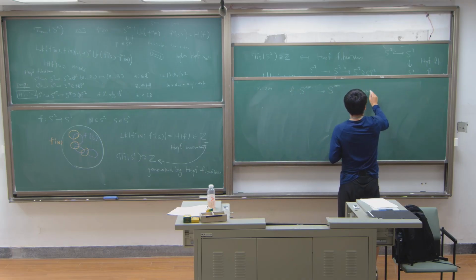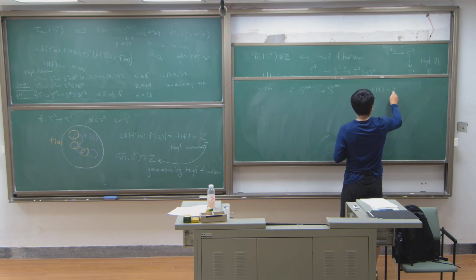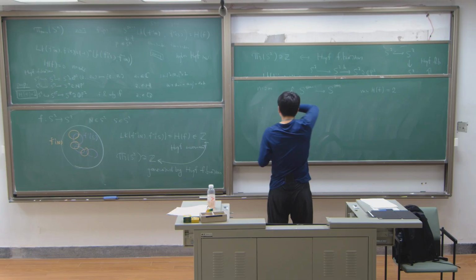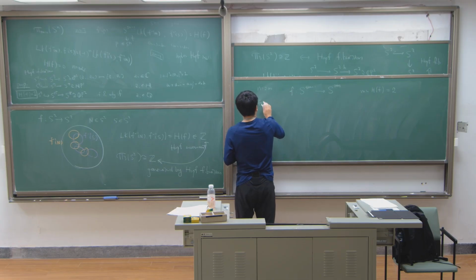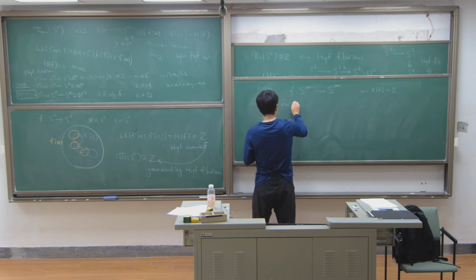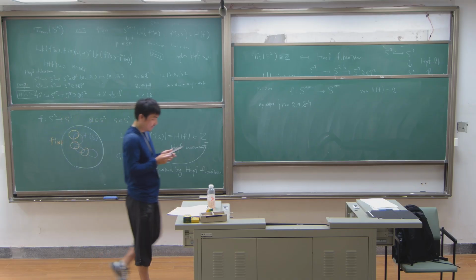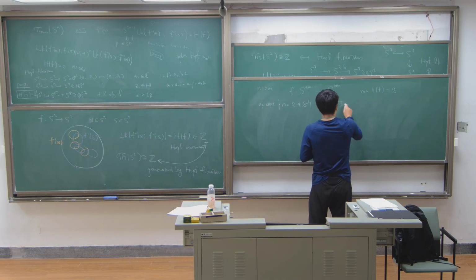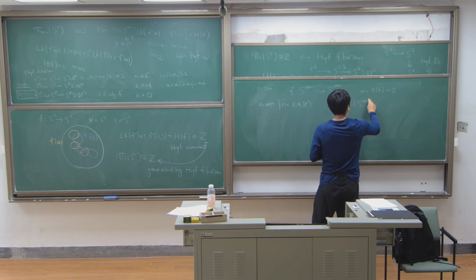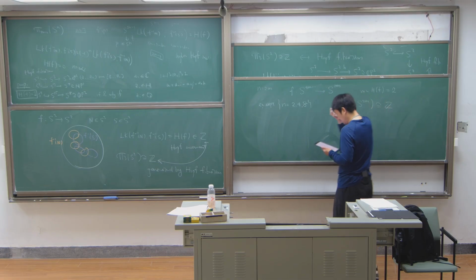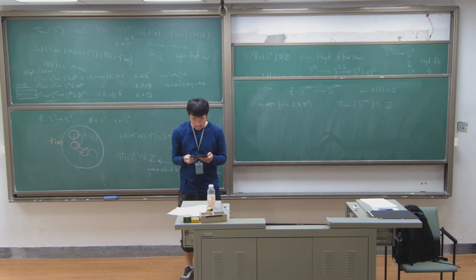And the minimum Hopf invariant of f is in fact 2 for others, except Hopf fibration. And moreover, pi 4m minus 1 of S 2m, the generator is Z, given by Z.